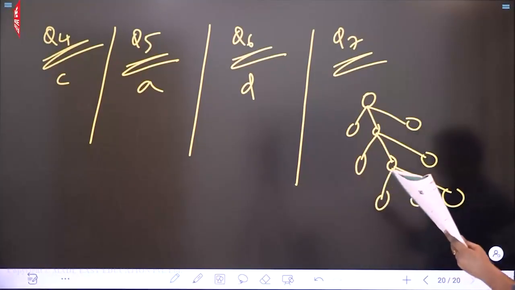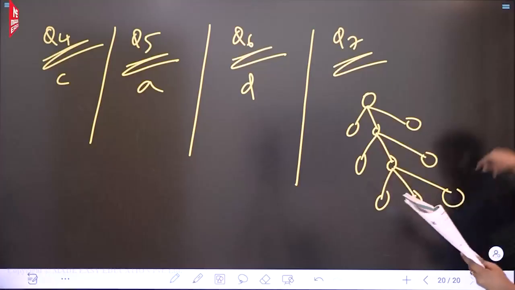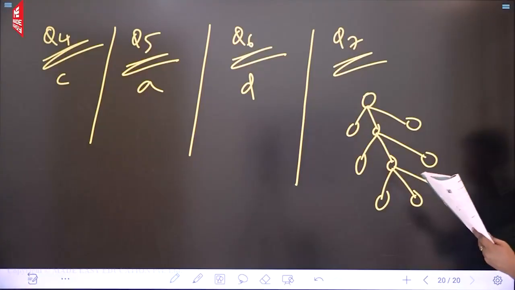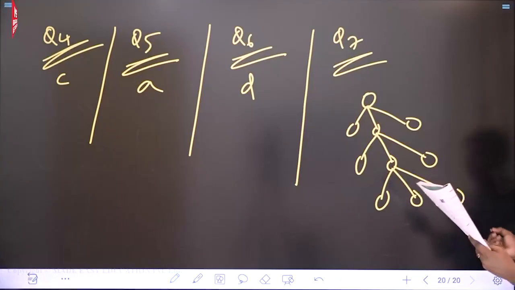Total nodes are n, with each node having 0 or 3 children. He is asking how many leaf nodes?